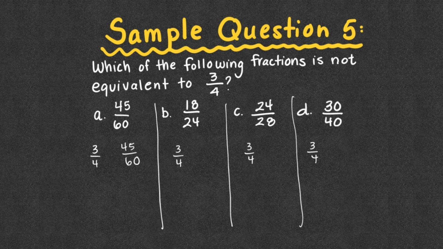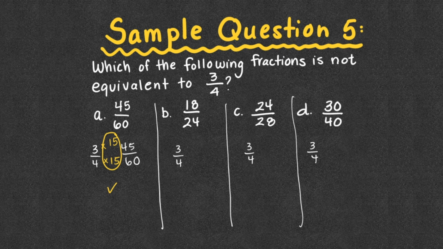So I'm going to see 3 times what gets me 45, and 4 times what would get me 60. I know 3 times 15 would get me 45. You could have done that division-wise. 45 divided by 3 would be 15. 60 divided by 4 is also going to give you 15, which means 4 times 15 is 60. These are both the same. So this is equivalent.